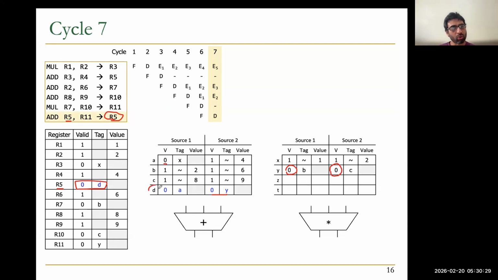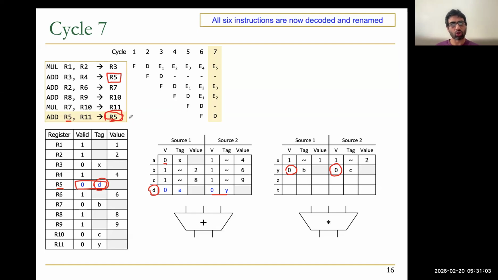R5 will be produced by the instruction whose operands are stored in reservation station D. That's why the tag is updated from A to D. So it basically means that two different instructions are writing to register R5 at two different times. The first writer of R5 is the first add, and the second writer of R5 is the last add instruction.